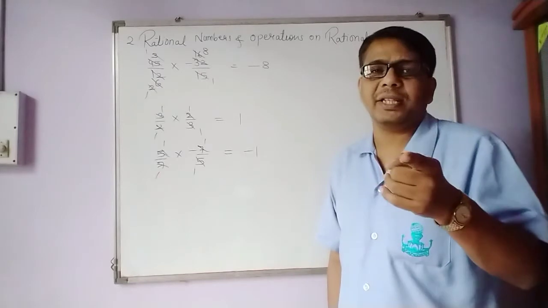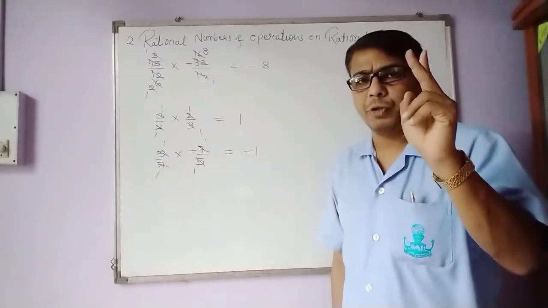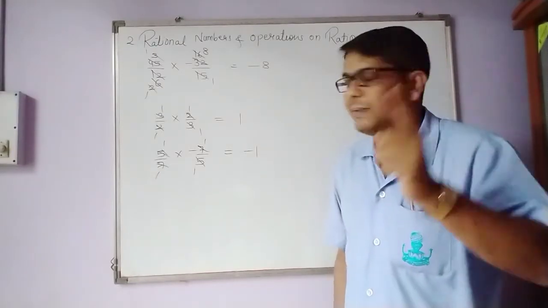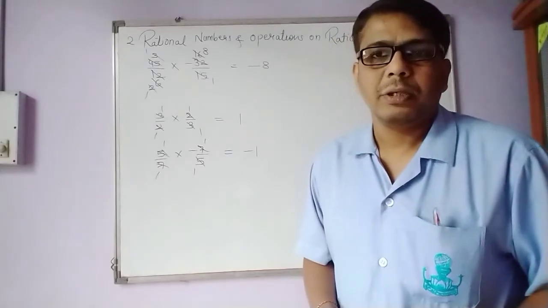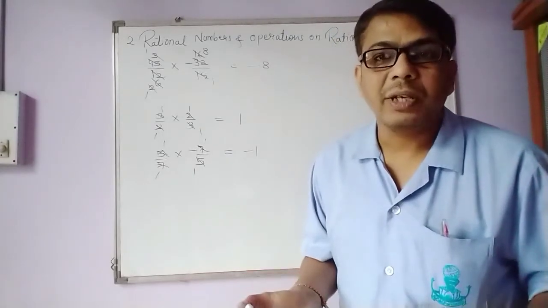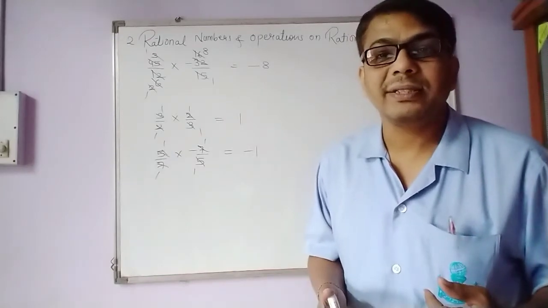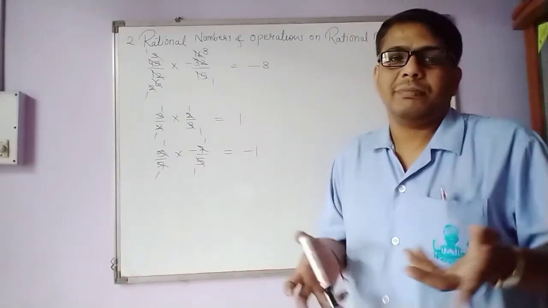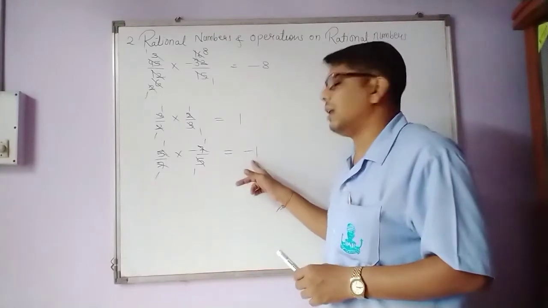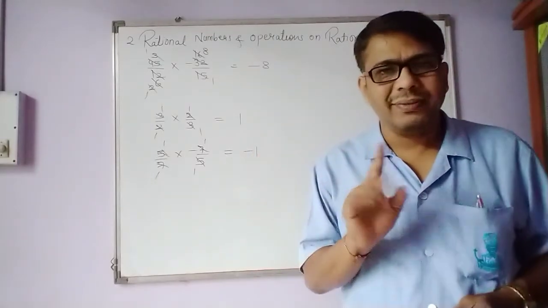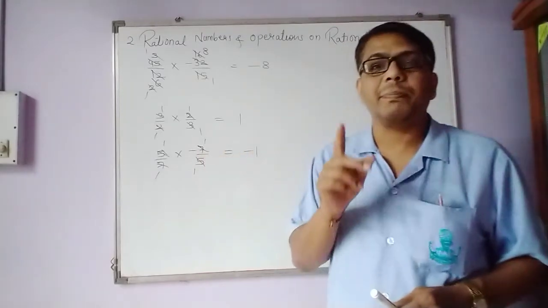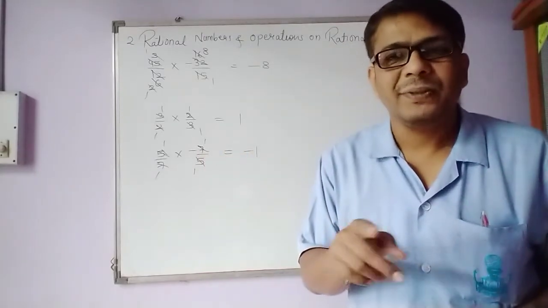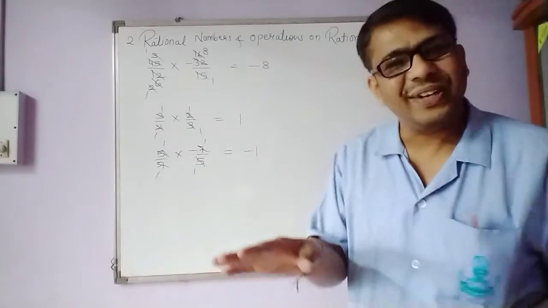My definition says, if the product of two rational numbers is 1, then they are multiplicative inverse of each other. If the product is not 1, how can I call them multiplicative inverse? What product have I got? Minus 1. Have I got 1? No. So are they multiplicative inverse of each other? Not at all. Do you understand?